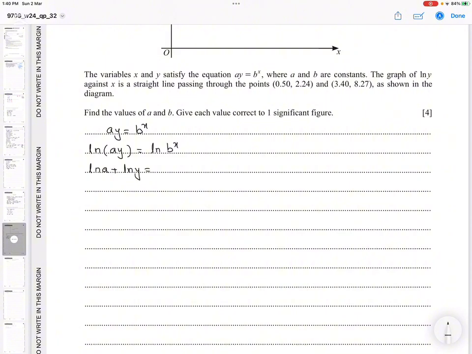On the other side, you bring down the power, x ln b. Now make ln y the subject: x ln b minus ln a. This is your first equation.